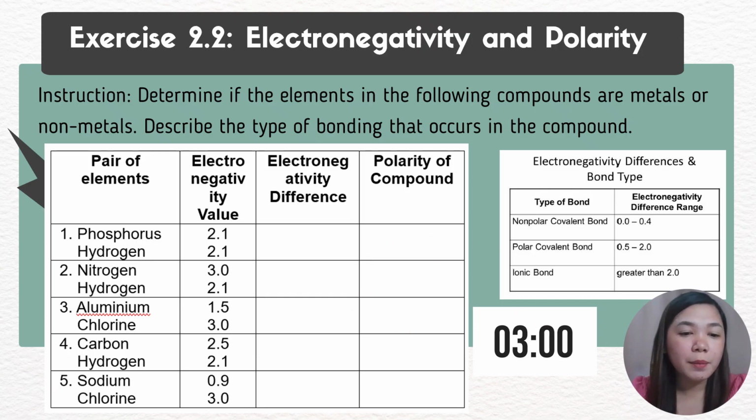I'll give you only 3 minutes to answer this. In your one whole sheet of paper, can we please write also exercise 2.2, electronegativity and polarity. Can we please write also the table?